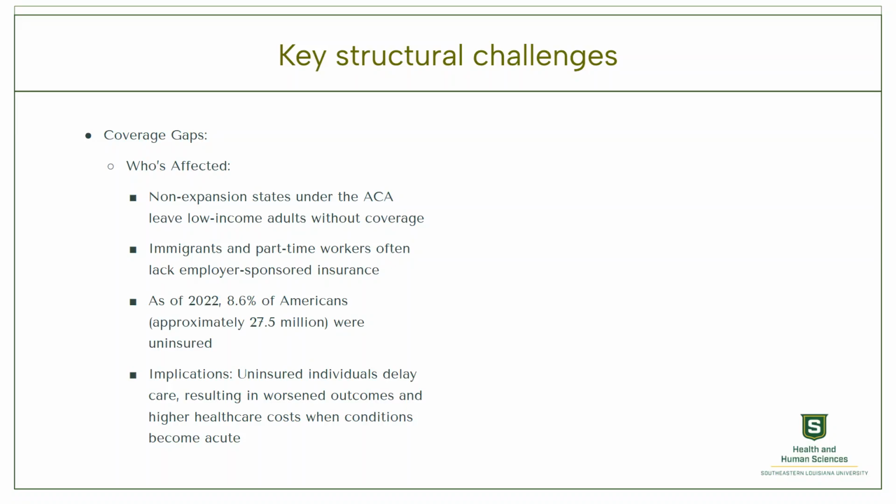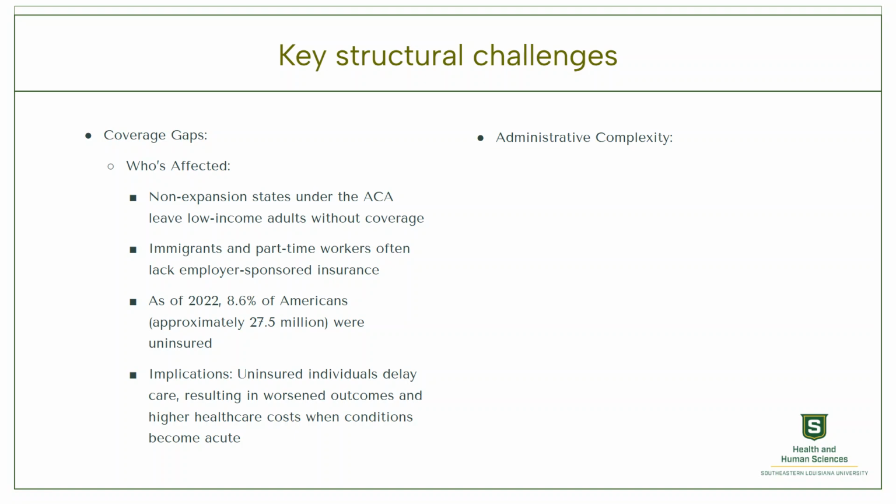What then happens is that uninsured individuals end up delaying care and waiting until things get very serious, which then leads to it being so much more expensive. So that is a structural challenge with the healthcare system.